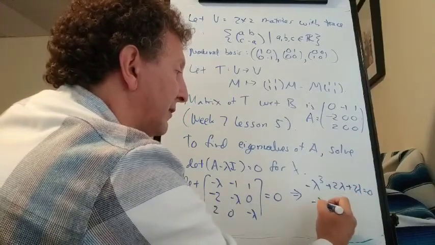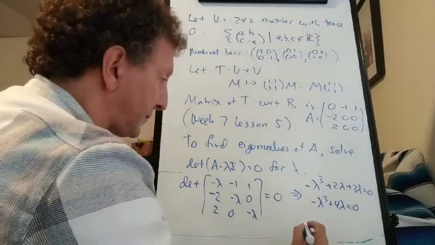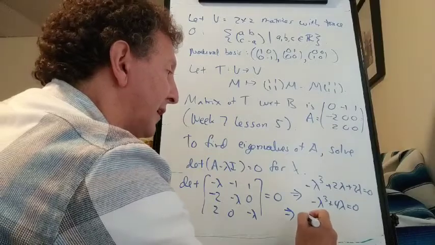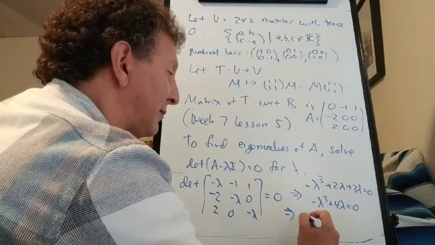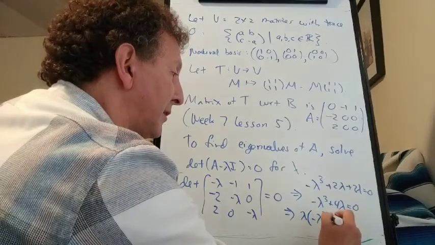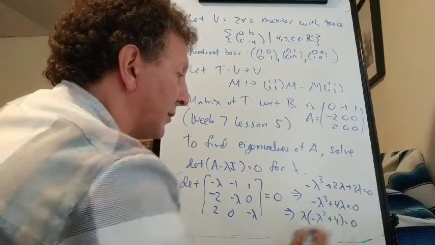So that's negative lambda cubed plus 4 lambda equals 0. And that means that if we factor out a lambda, we've got lambda times negative lambda squared plus 4 equals 0.